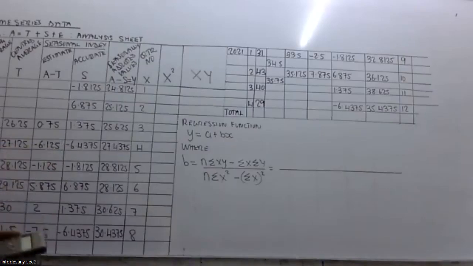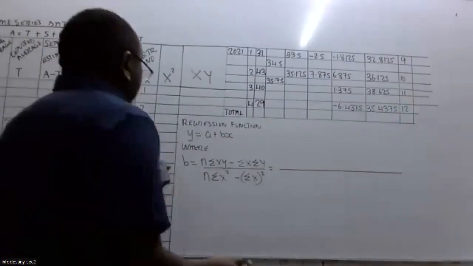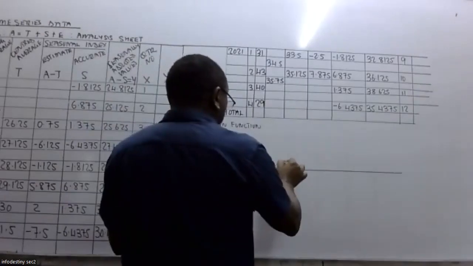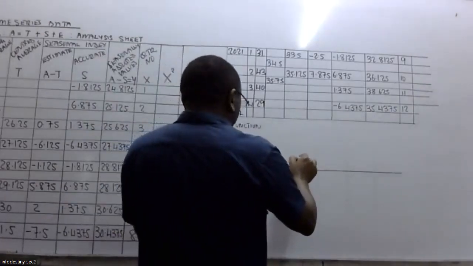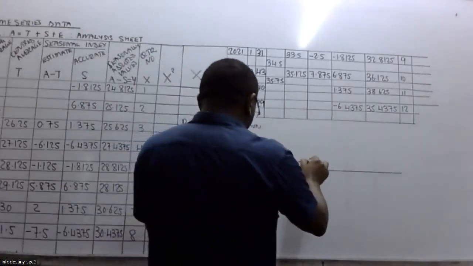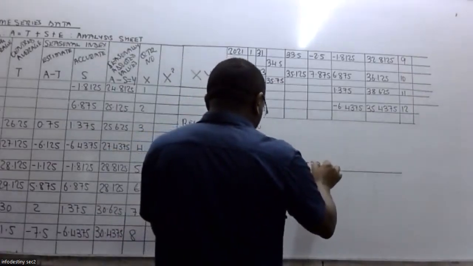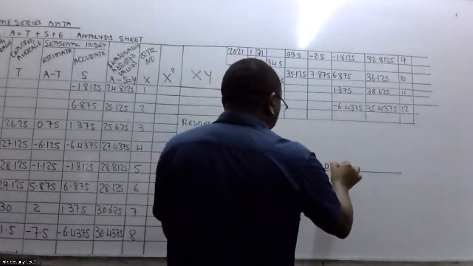Now, those who are online, those who have used my figures exactly the way they are, confirm whether you are getting this 12 times. Have you gotten 25,039.0625?